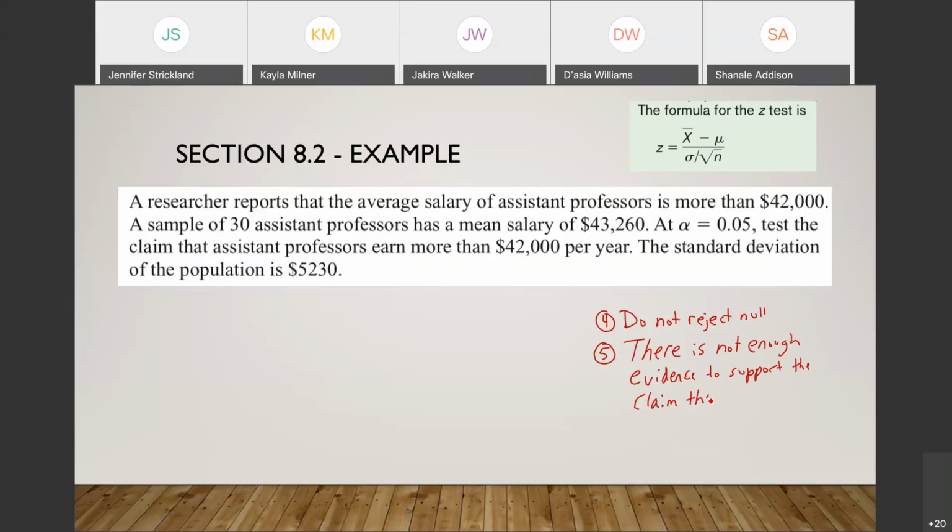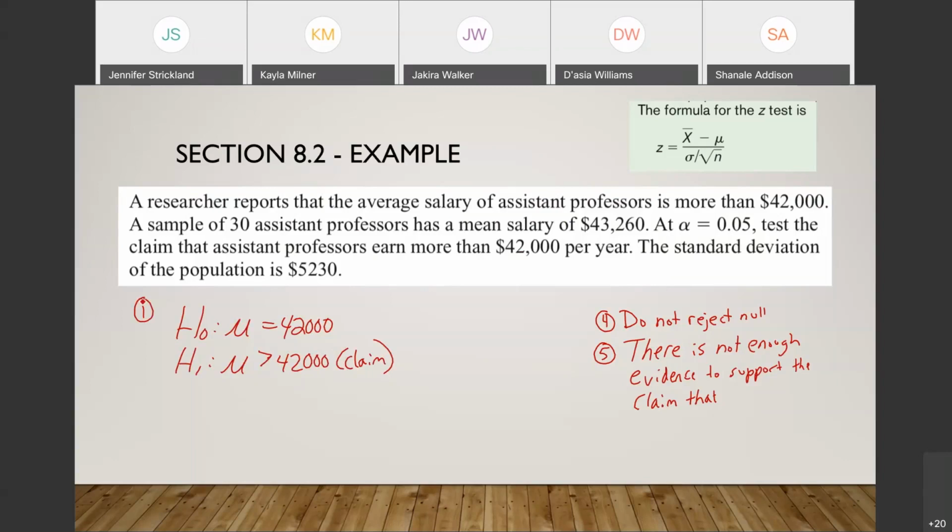That, and then I need to finish that statement. All right, so to finish that statement, I simply look back at my hypotheses and I just read basically from the claim.